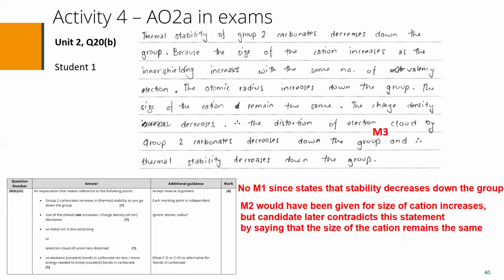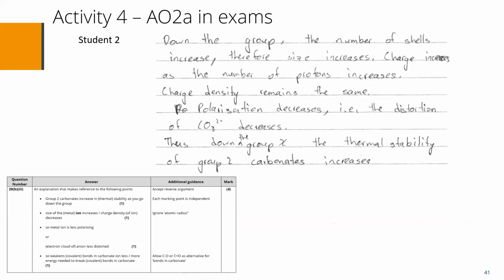And there's nothing about weakening the bonds in the anion, the carbonate ion, so there's no M4, that can't be awarded. Okay, so I hope you agree with me on that particular marking. That's a good one to show your students for contradictory information, losing a mark for good chemistry. So I would advise you to share that particular student answer with your students.